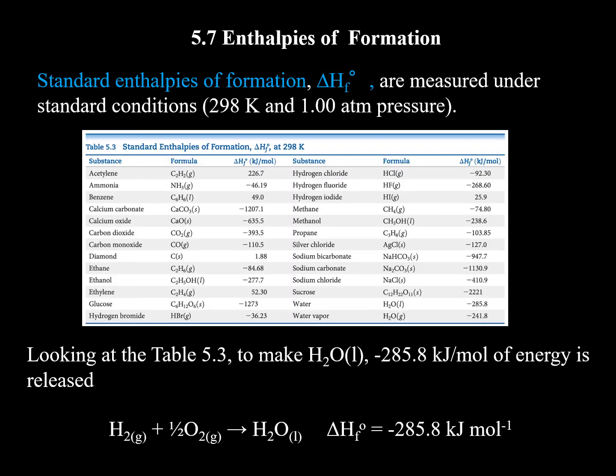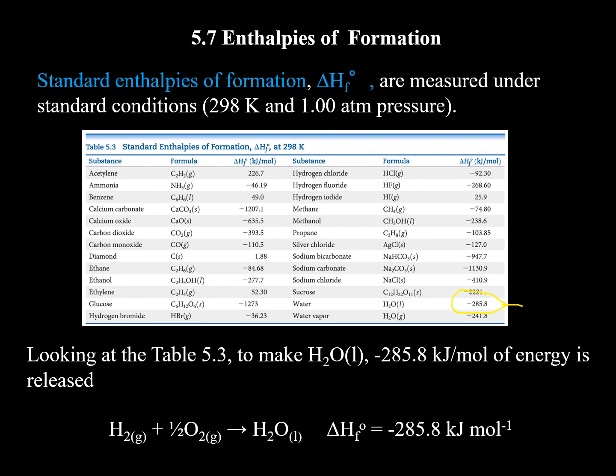So here's a chart of standard enthalpies of formation, which will be given to you. You can see, for instance, if I looked at something like water, right here, it's negative 285.8. What does that mean?